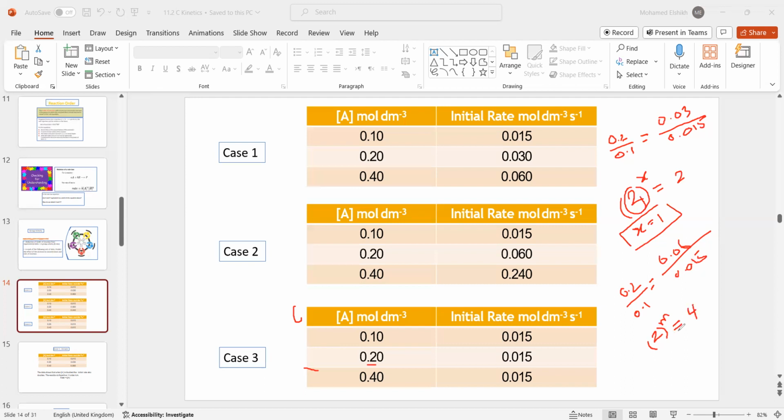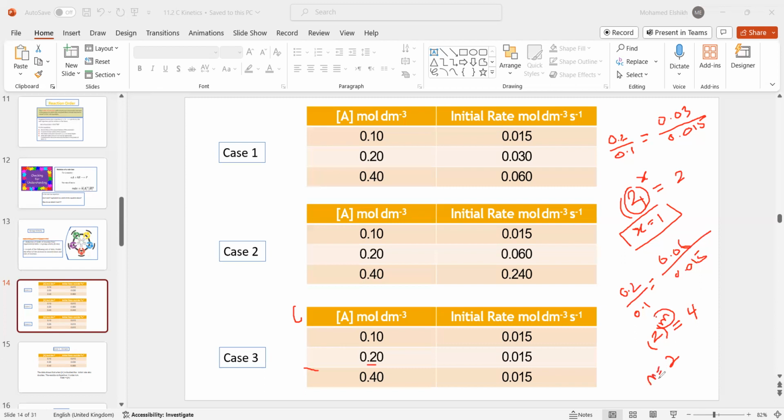So you want to see how much the change in concentration has affected the rate of the chemical reaction. So in this case, this M must equal 2, because 2 to the power of 2 equals 4. So M here equals 2.